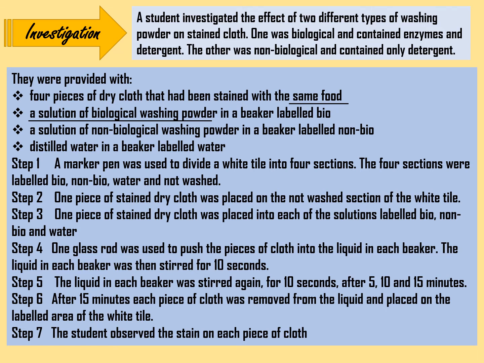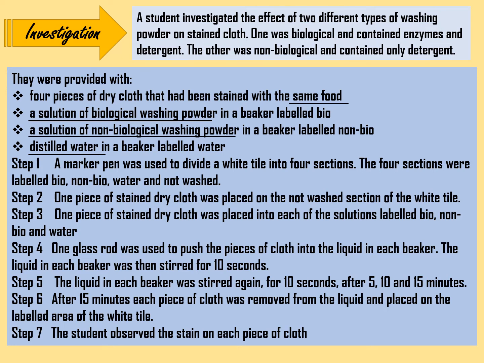A solution of non-biological washing powder is also a changing variable. While the distilled water, in which there is no detergent, is the control. So these are the points you're supposed to underline during the reading.